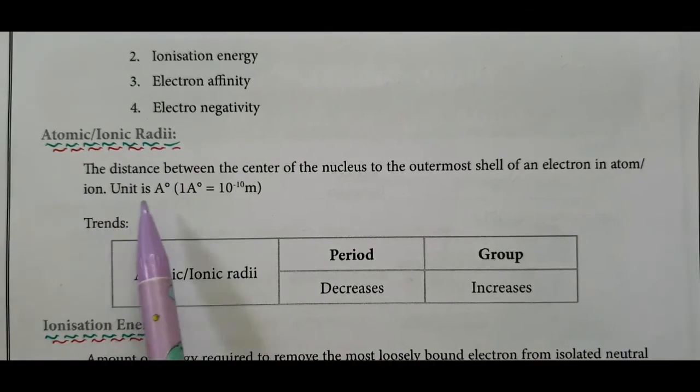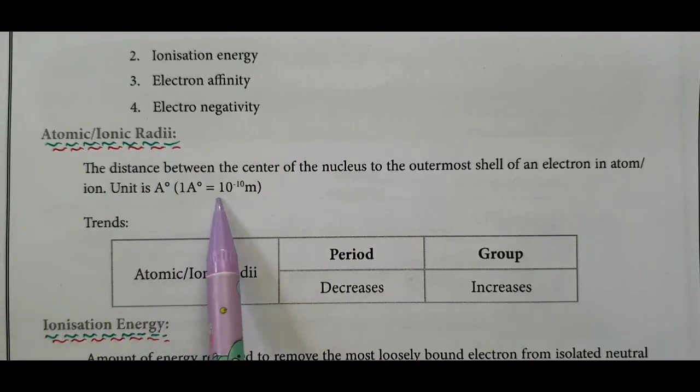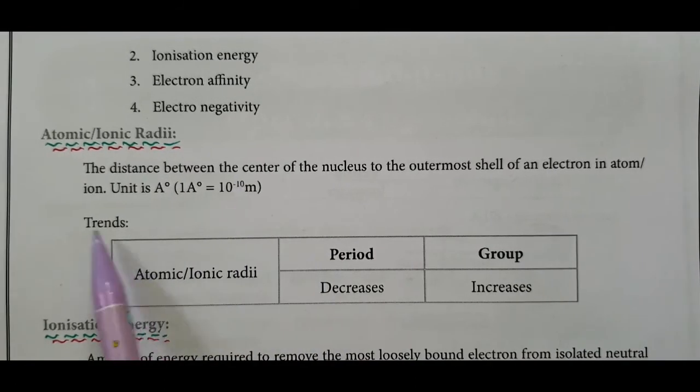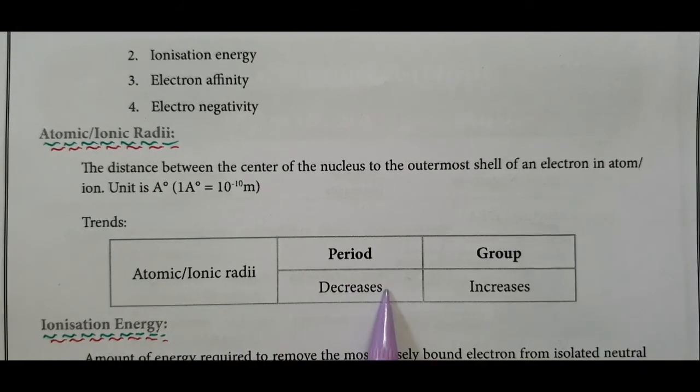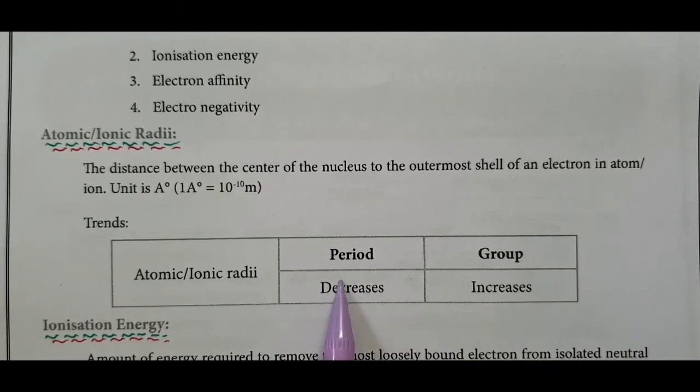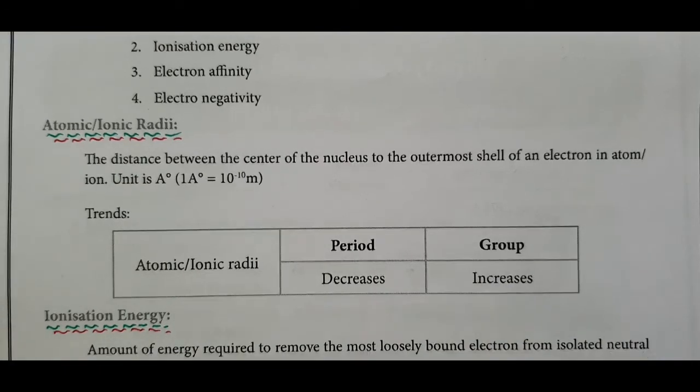Unit is angstrom. 1 angstrom equals 10 power minus 10 meter. Trend in periodic table: atomic and ionic radius in a period decreases because electrons are added to the same energy level. In a group, atomic and ionic radius increases because the valence electron is present in a different orbit.